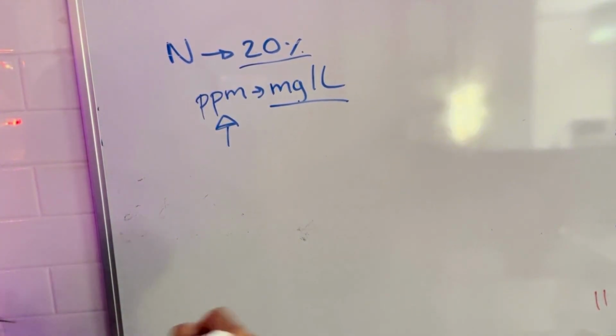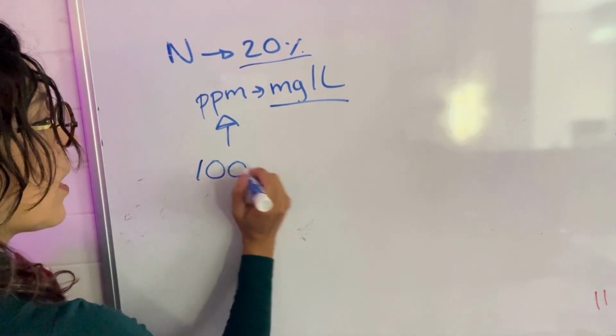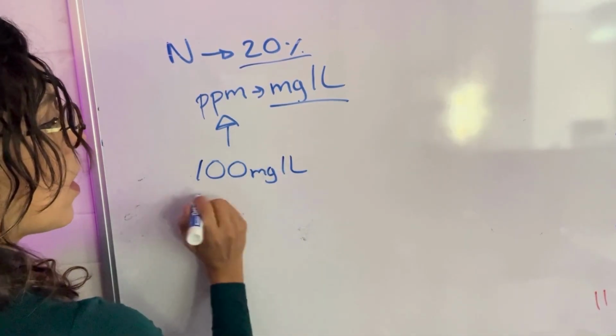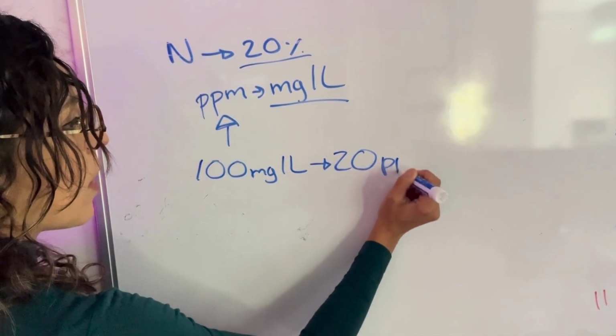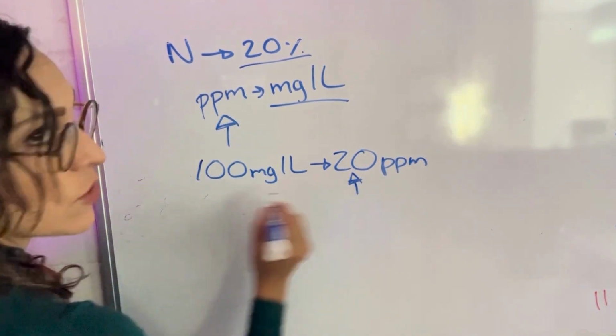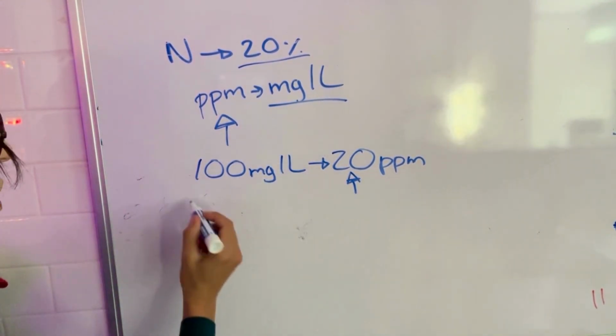Since we have a percentage here, we know that for every 100 milligrams per liter of fertilizer, I will be adding 20 parts per million of nitrogen. If you're not very good at calculations, don't worry, here is why.